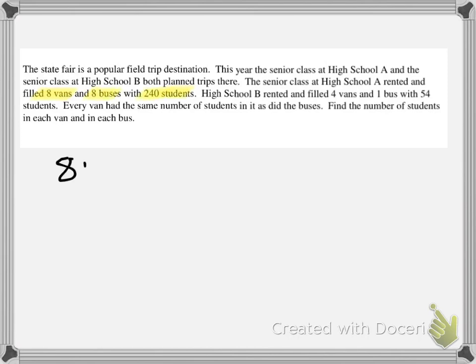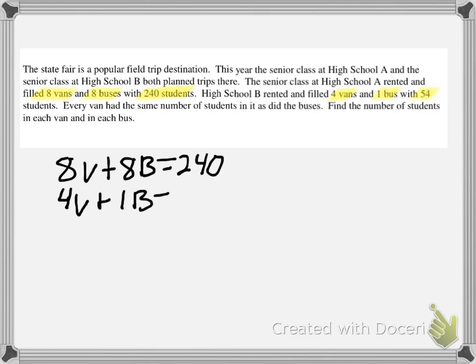So 8v plus 8b for a grand total of 240 people. Now High School B says that it filled up 4 vans, 1 bus for 54 students. So 4 vans plus 1 bus for 54 students.